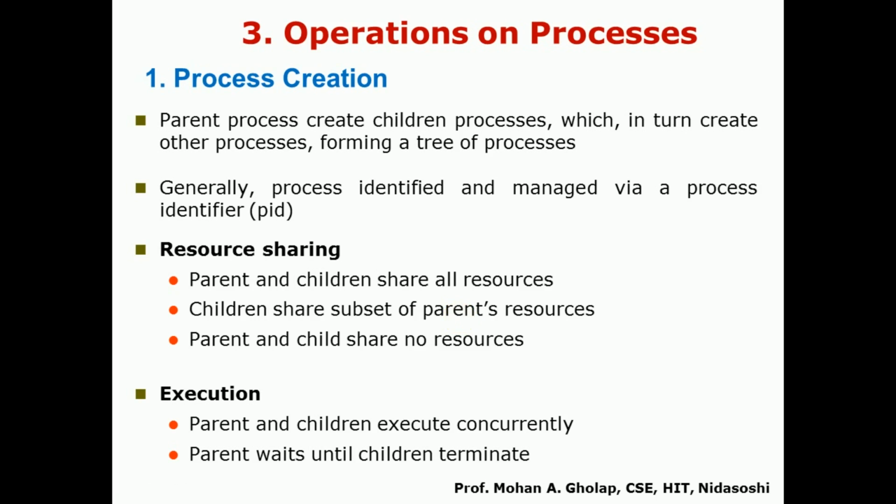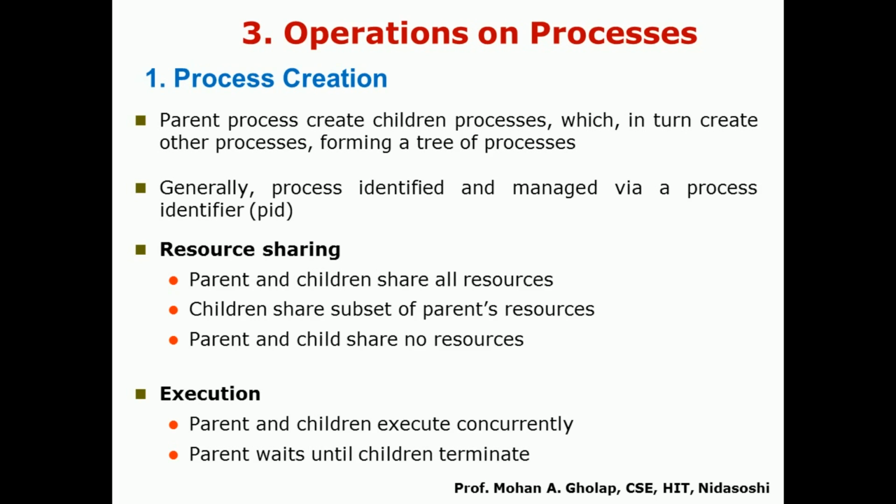Generally, processes are identified and managed via a process identifier. In the previous lecture, while discussing the PCB, that is the process control block, we saw that the process identifier or process number is also stored.